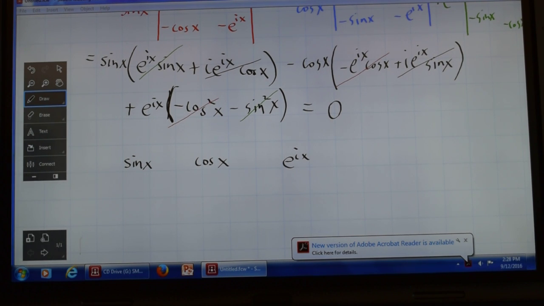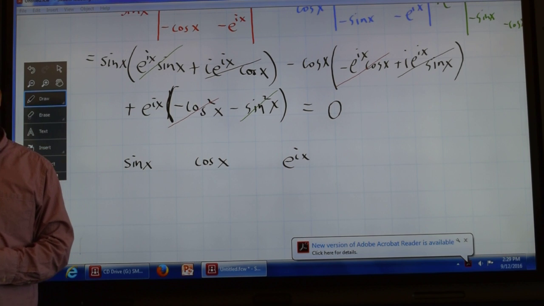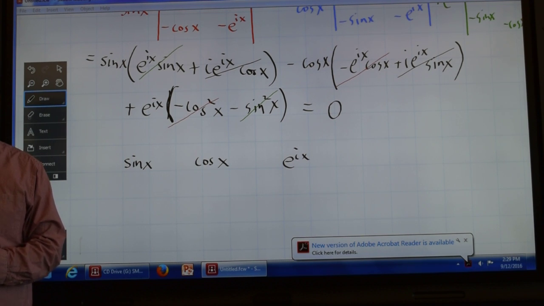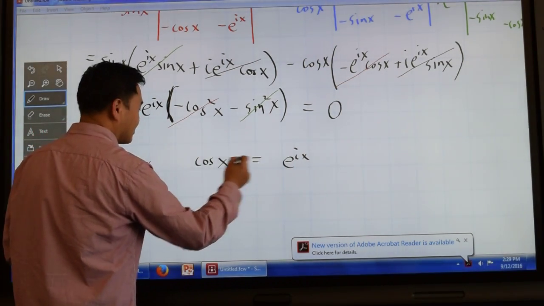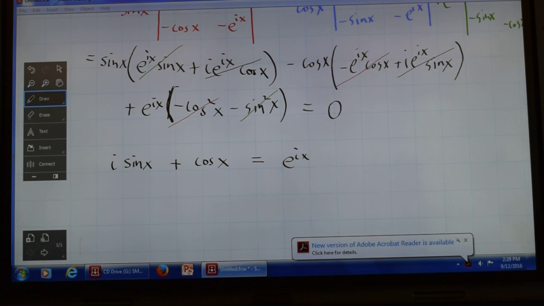They all equal 0? No. The coefficients. No. I mean, don't you know any formula that relates this with this and that? No? Really?